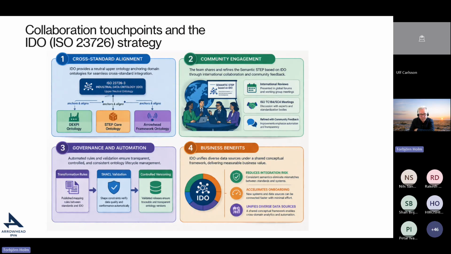But we can say also we reduce risk. We accelerate onboarding, since we are using these alignments. We can easily and fast add new sets of information in other knowledge graphs, just by adding a link to another knowledge graph.